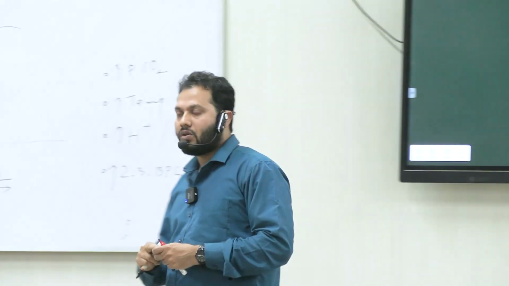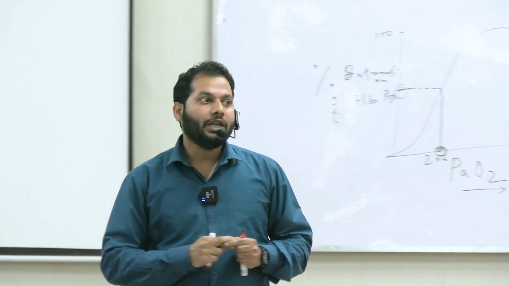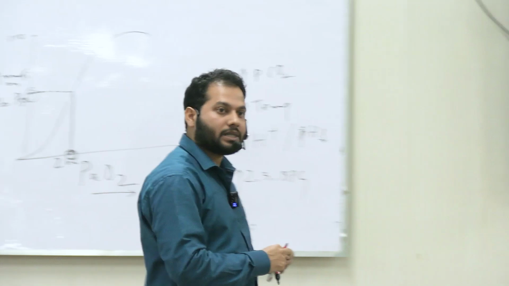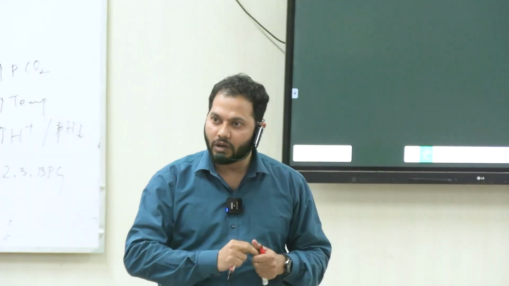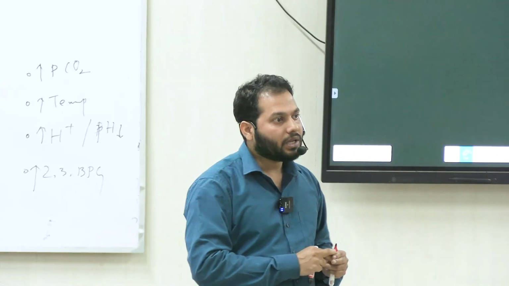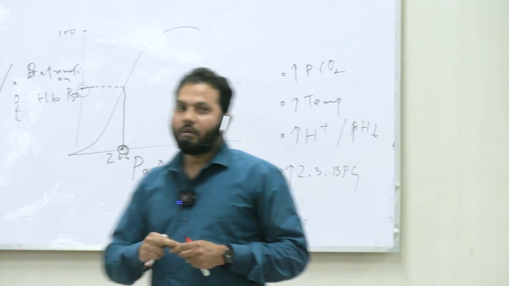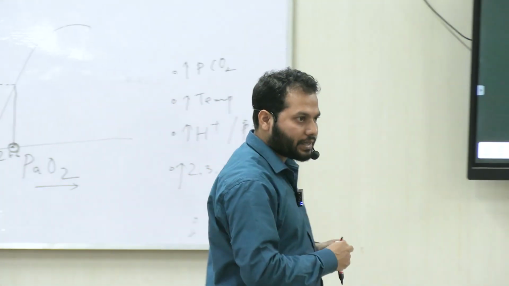In the presence of oxygen, hemoglobin shows more affinity towards oxygen in comparison to carbon dioxide. But in the presence of more carbon dioxide in the medium, hemoglobin shows more affinity towards carbon dioxide, right?